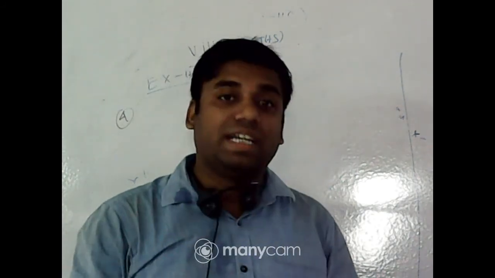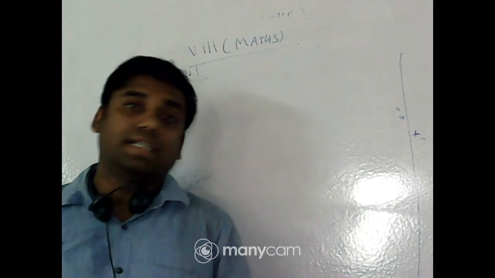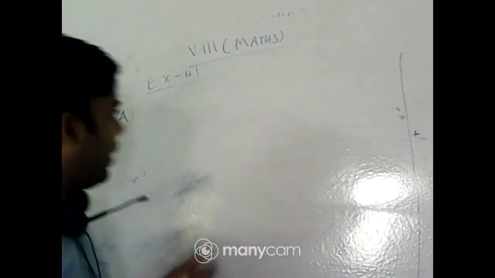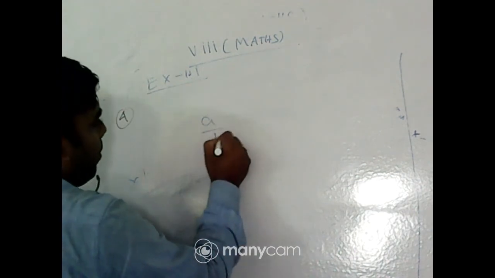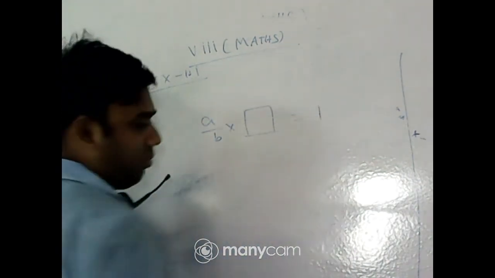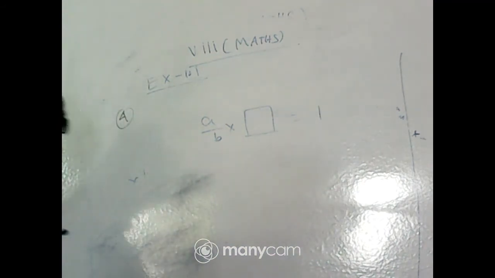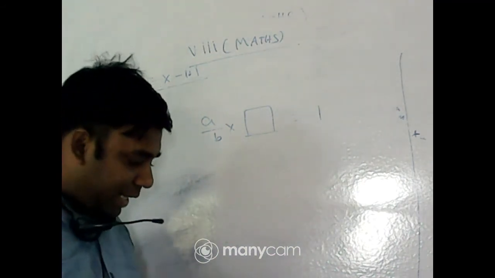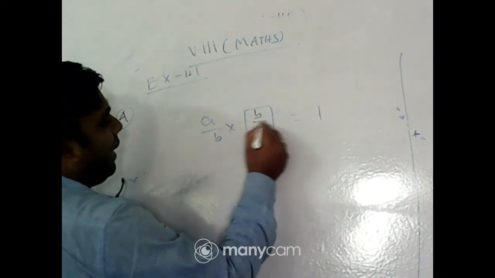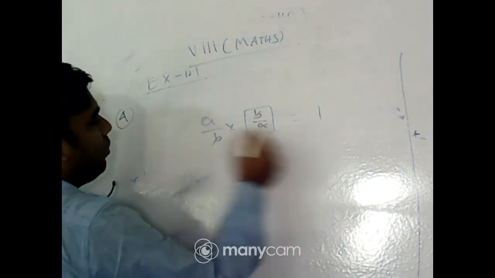That question is related to multiplicative inverse. I have told you that for a number a by b, you multiply it with a number such that the result will give you 1. So obviously if you put b by a, b removes, a removes, that is 1.